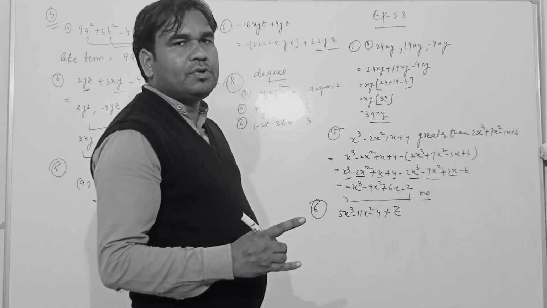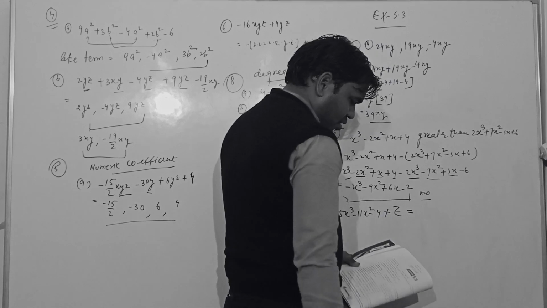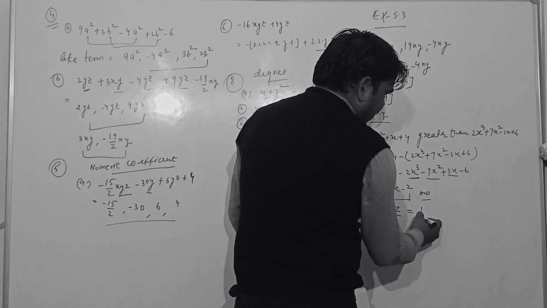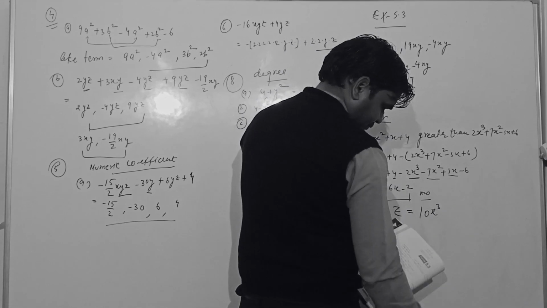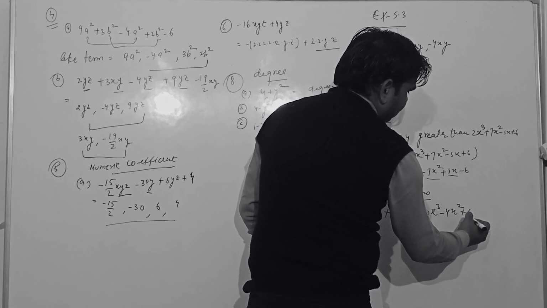This number z, and after adding we got 10x cube minus 4x square plus 6.